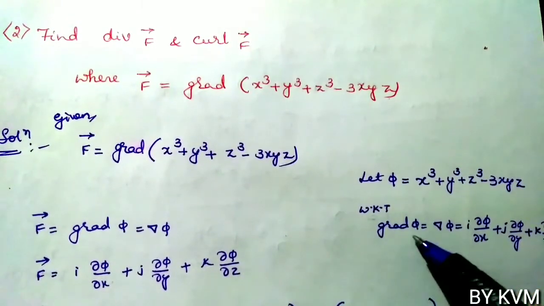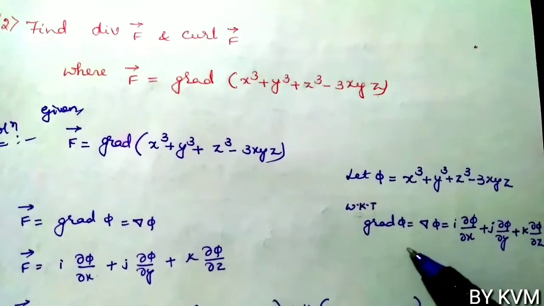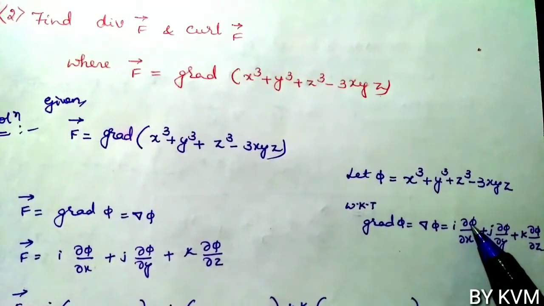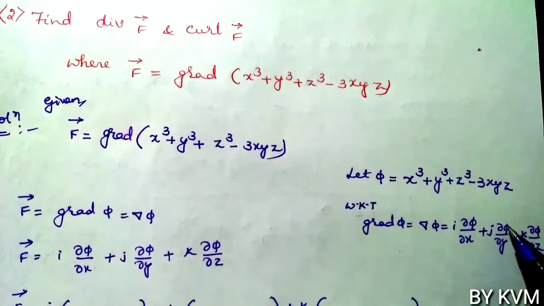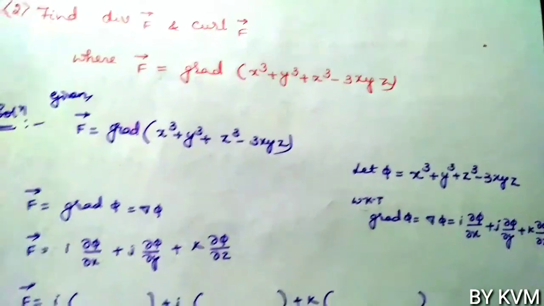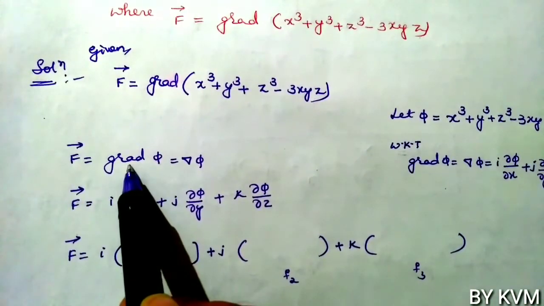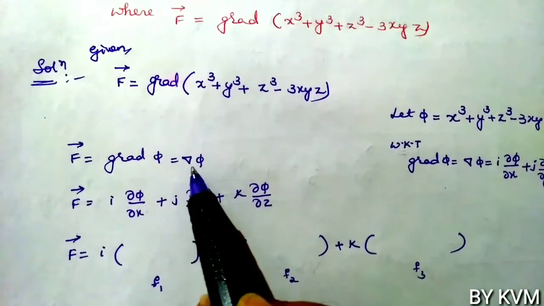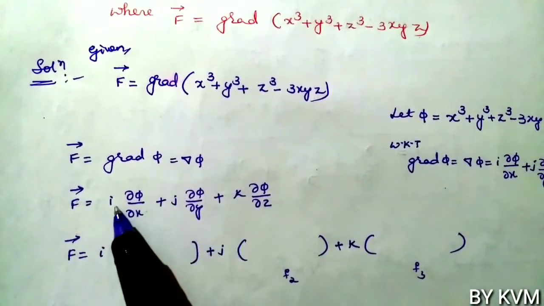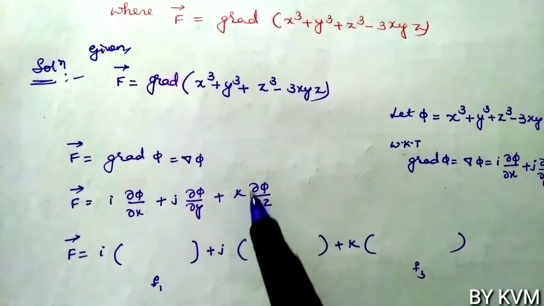So we know that gradient of phi is del phi, which is equal to i ∂phi/∂x plus j ∂phi/∂y plus k ∂phi/∂z. So here vector f equals gradient of phi, which is denoted by del phi.